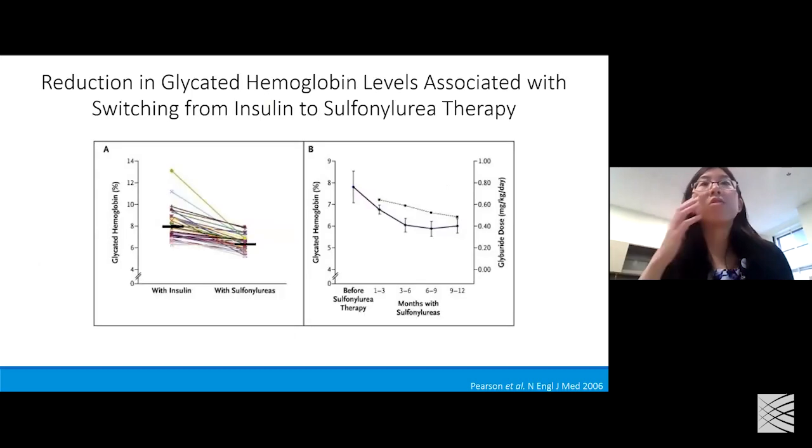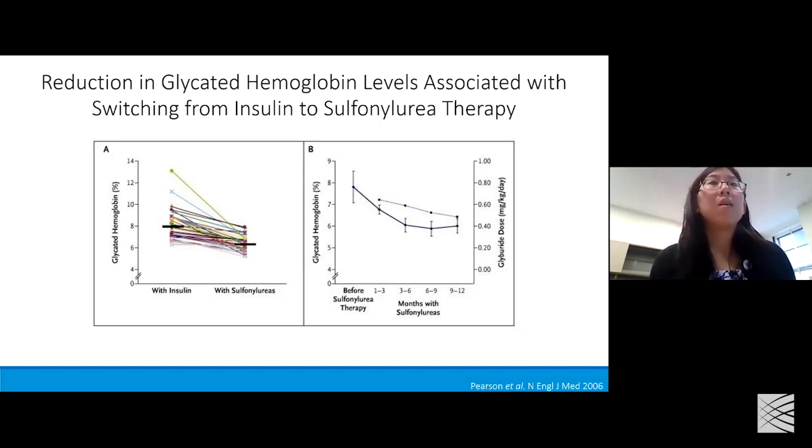And so what's been really interesting in these activating mutations is that they can be treated with a sulfonylurea. Sulfonylurea is an anti-diabetes medication that closes the ATP channel by an ATP-independent route. And so sulfonylureas have been shown to be effectively used in place of insulin for treating neonatal diabetes caused by these activating mutations.